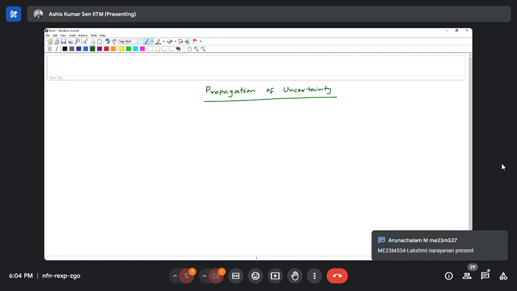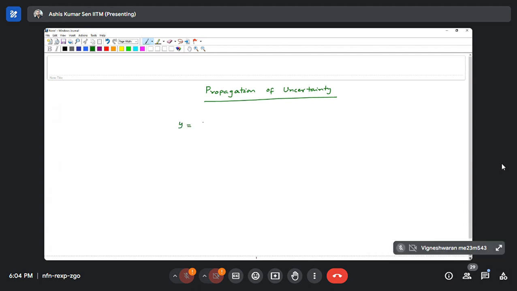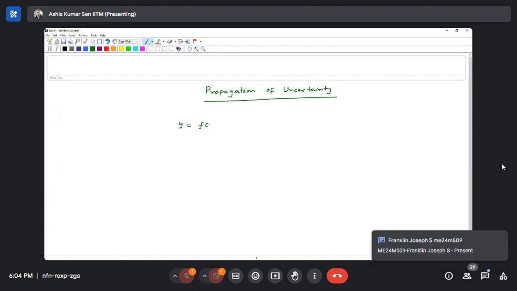Okay. Let's say in general, if we have a dependent quantity y and it is a function of, let's say, x. So we have only one dependent quantity, one independent quantity. For example, if you take a spring and you apply some force, you get some displacement. So F is k into x, right?